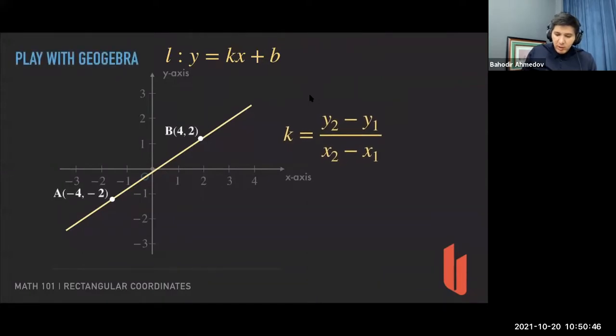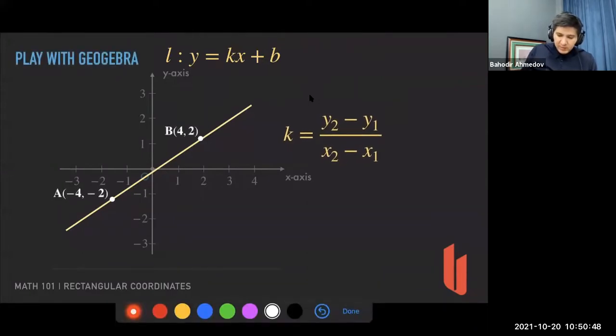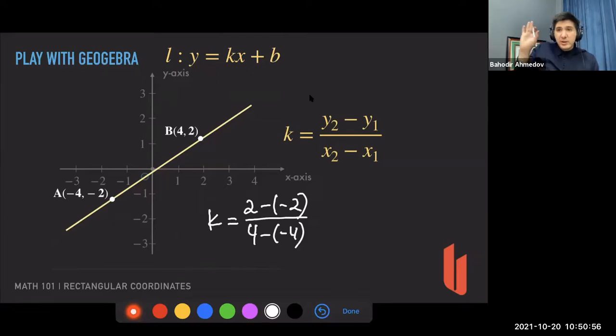Let's say you are given these 2 points A and B. I would like to find the slope. It's going to be 2 minus minus 2 divided by 4 minus minus 4. Please note that you need to subtract the y coordinates in the numerator, because sometimes students confuse this with x and y. Y should be on the top, x on the bottom. It's equal to 4 divided by 8, which is 1 over 2.